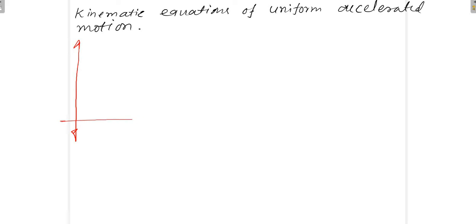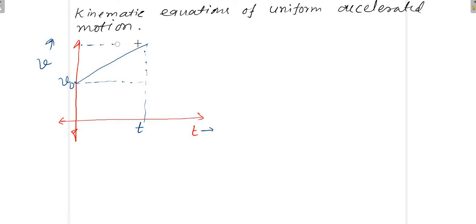This is my y-axis, and here I have time. So I assume that the initial velocity is this, and then it is moving with this slope. So this is the initial velocity v0. This is the velocity versus time curve. And after time t, say this is time t, the velocity has reached the level, say v, the final velocity.